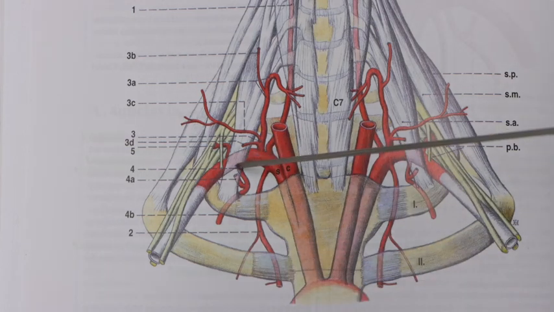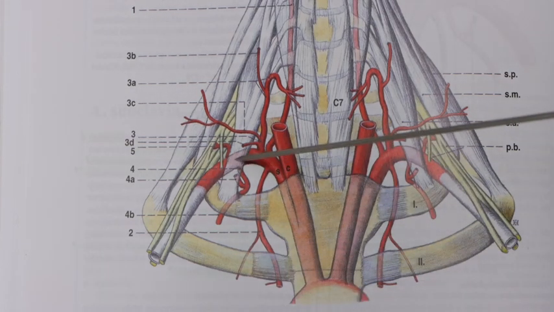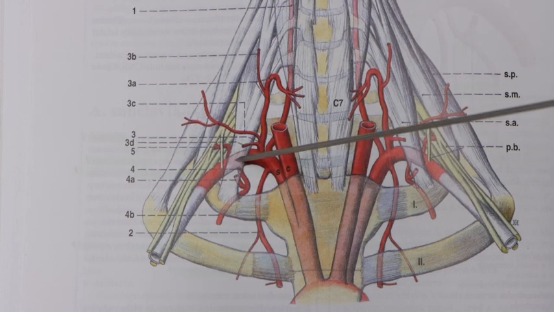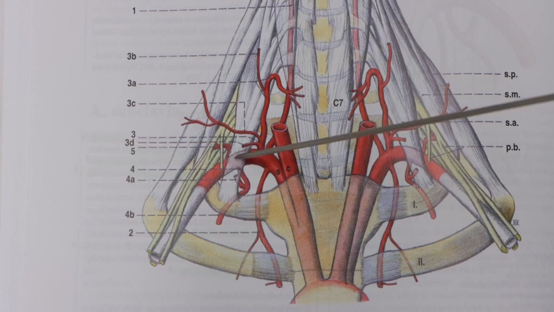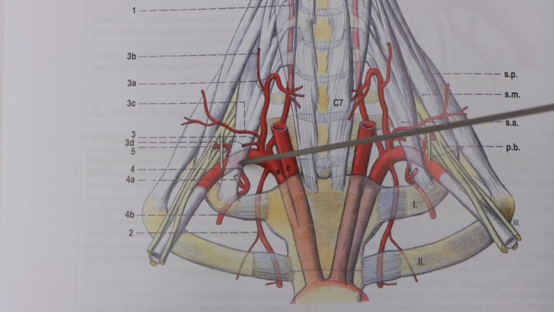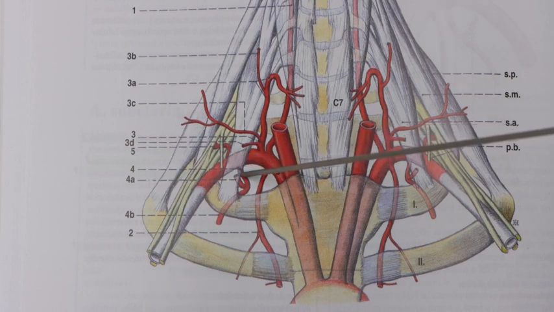The other artery here is a branch of the subclavian artery from the interscalene part, meaning the branch inside the scalene fissure. It gives this trunk, which is called the costocervical trunk.